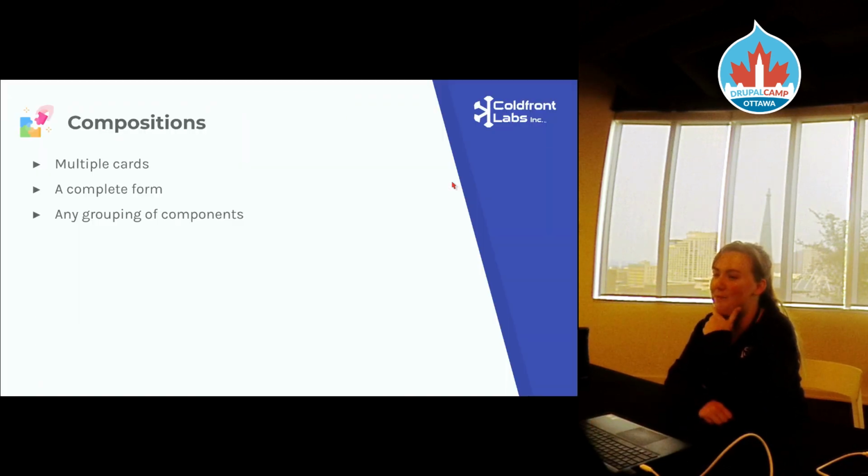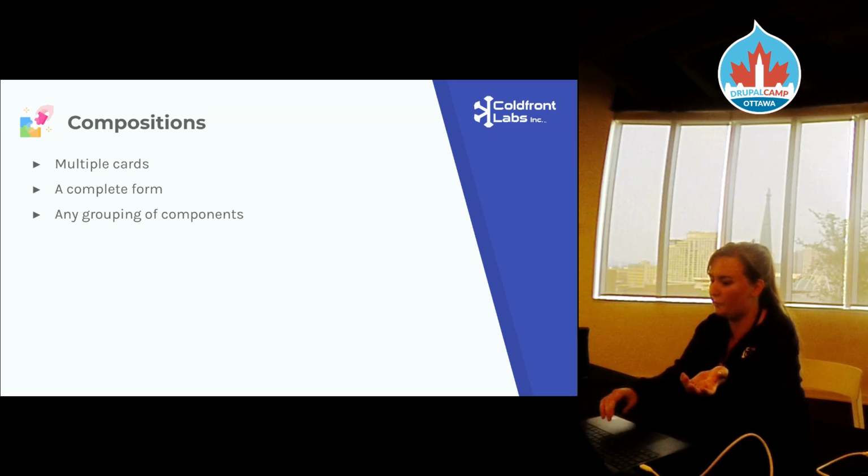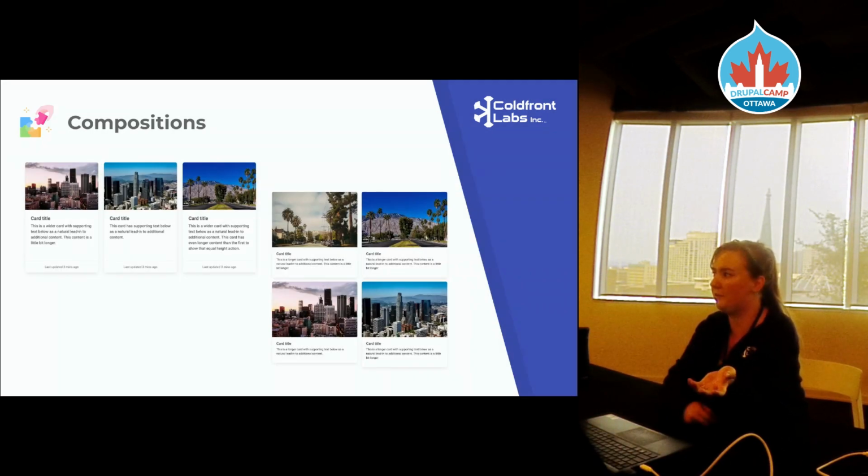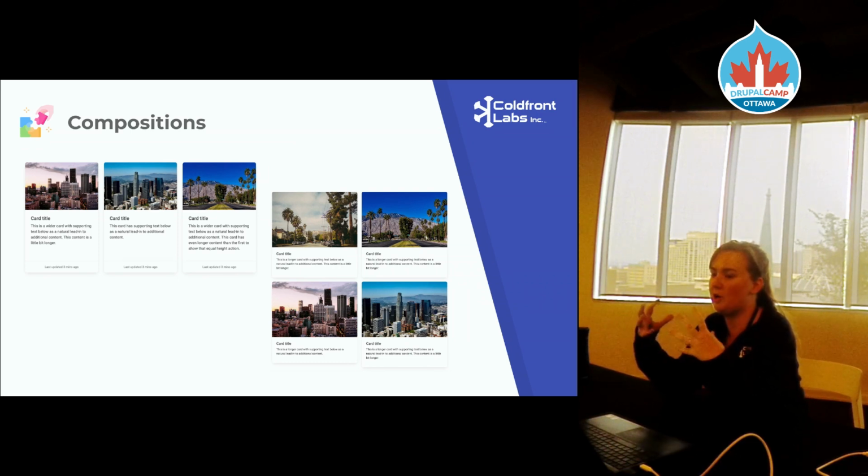Okay, so compositions is a bit more of a gray area where it's basically multiple components together. For an example, how is a grouping of cards going to behave? You can see that with forms. So just showing a grouping of components or elements together and how they're supposed to behave together.